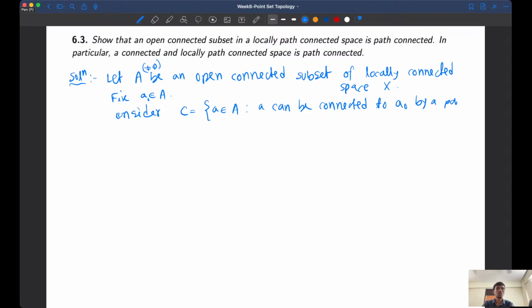This is clearly a path connected set, because if I can connect some a to a naught and some b to a naught, then I can also connect a and b. Between any two points I always have a path, hence C is path connected.